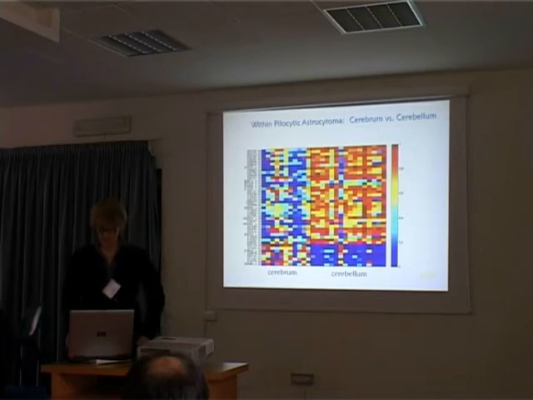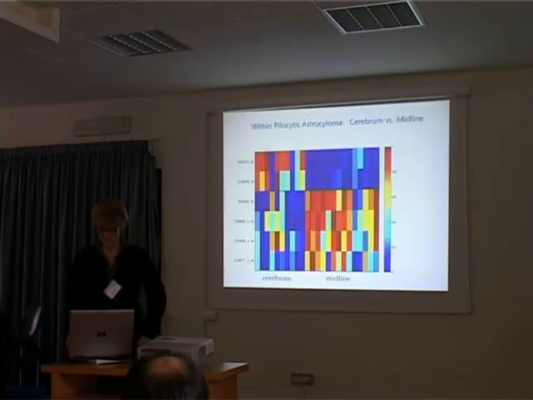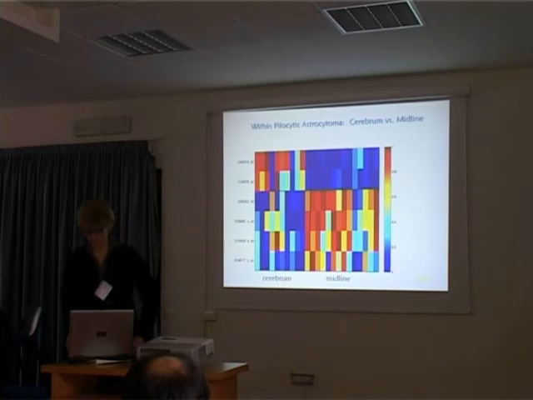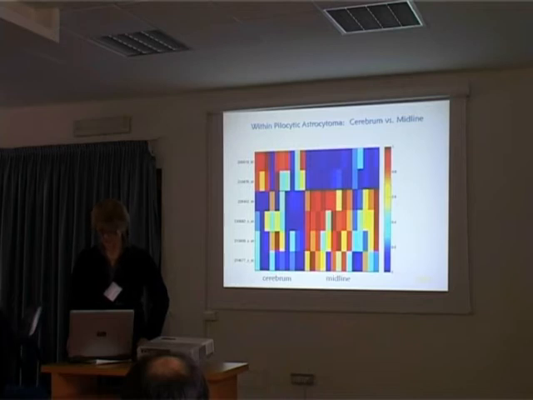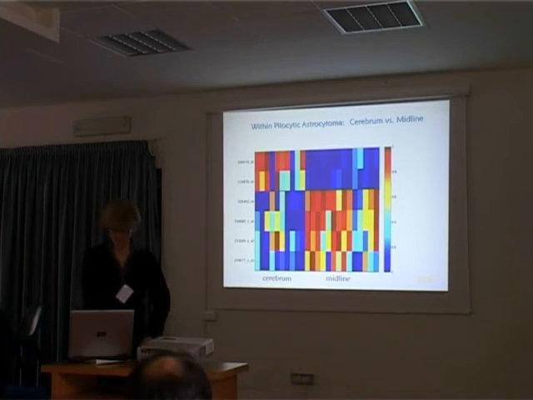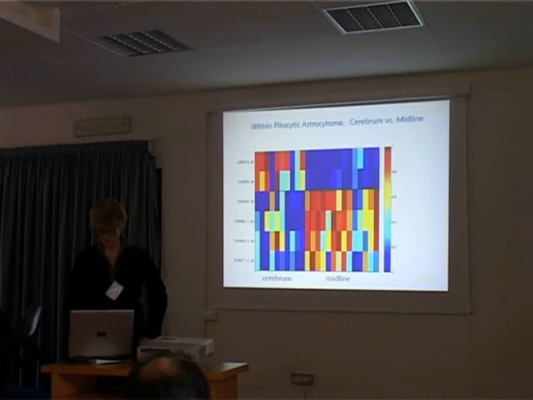And then the next group of pilocytic astrocytoma tumors was cerebrum versus midline, and we were able to identify another group of genes. As you can see, we distinguished another, smaller list of genes for cerebrum versus midline.